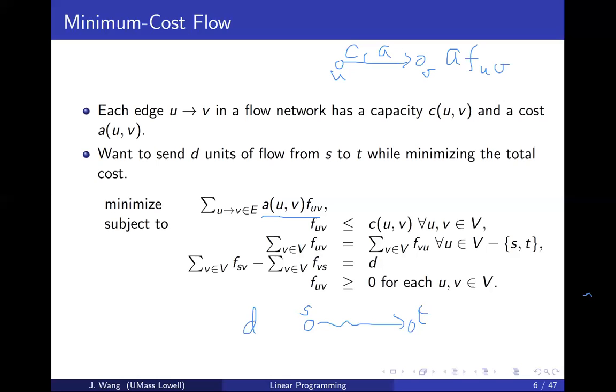And then the constraints are the following. First is the capacity constraint, f_uv is less than or equal to C_uv.